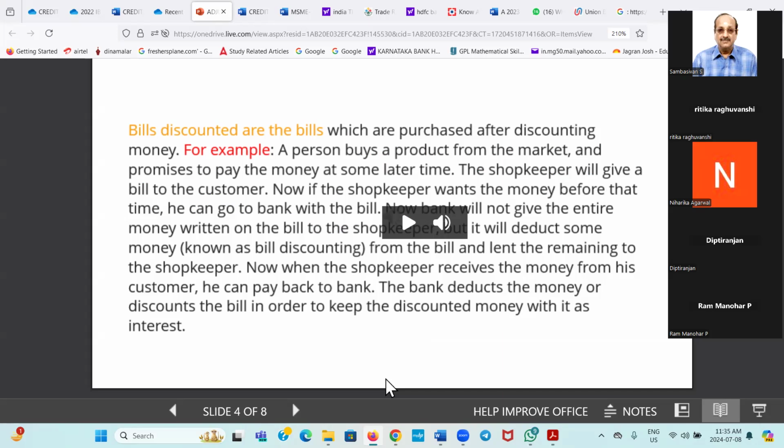It will deduct some money, known as bill discounting, from the bill and lend the remaining to the shopkeeper. Now, when the shopkeeper receives the money from his customer, he can pay back the bank. The bank deducts the money or discounts the bill in order to keep the discounted money as interest.